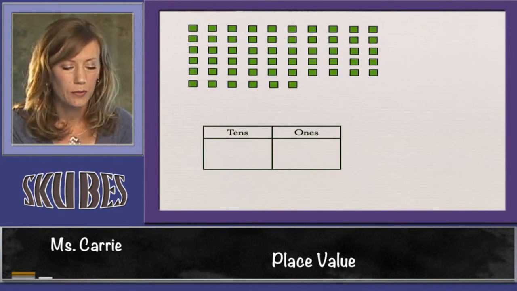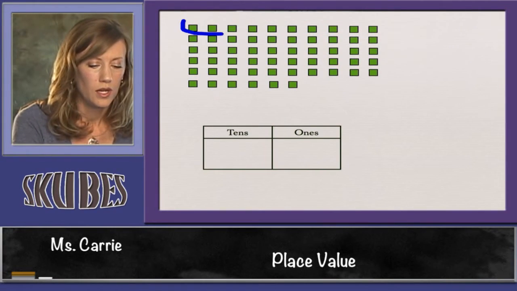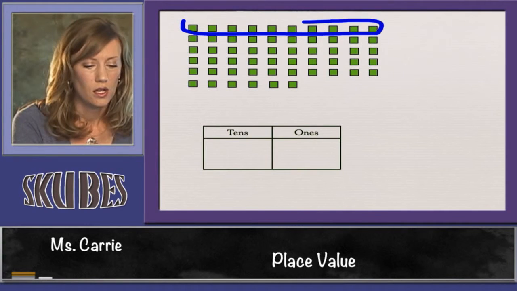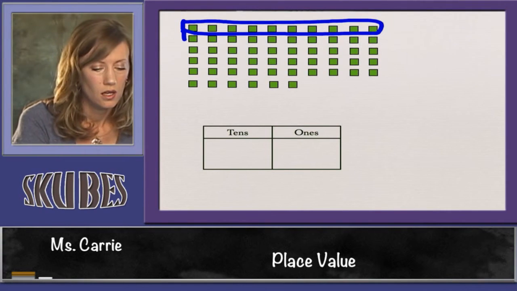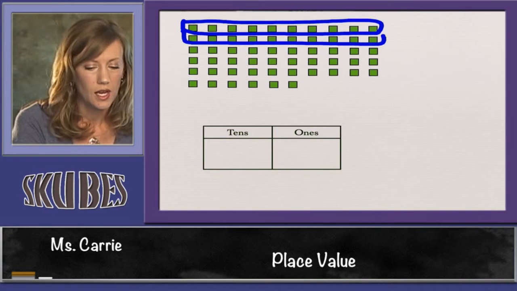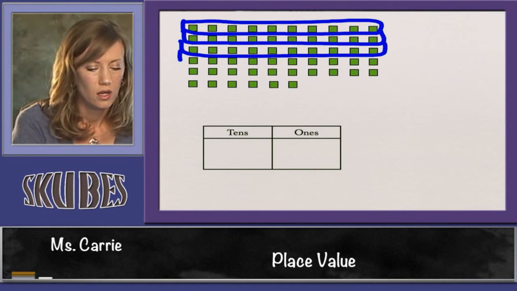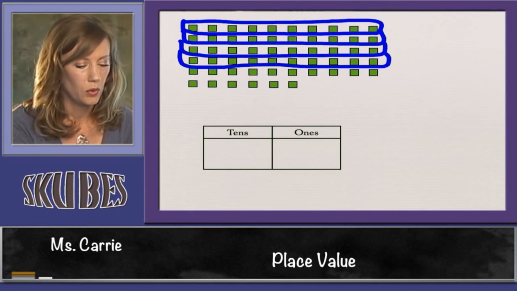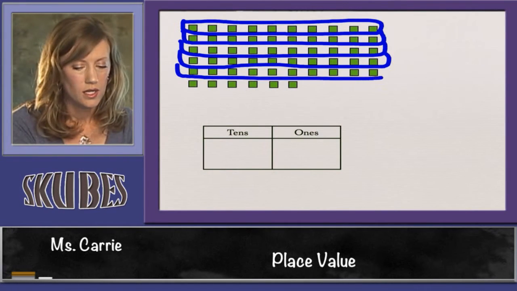Let's look at one more example. We know that this right here is a group of 10. This here is a group of 10. 10 more. 10 more. 10 more. And here we have some extra ones.